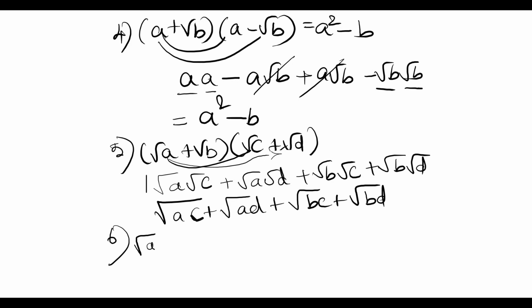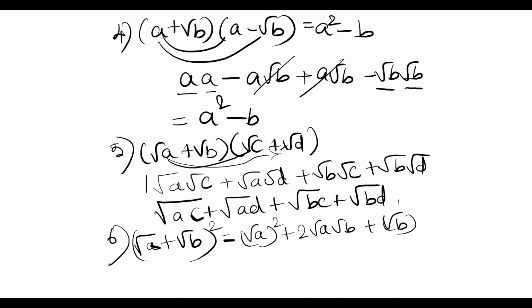Root a plus root b the whole square can be expanded as a square plus 2ab plus b square. So the result will be a plus 2 into root a root b plus b.